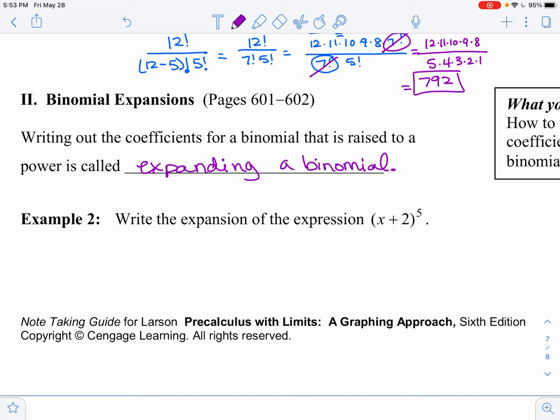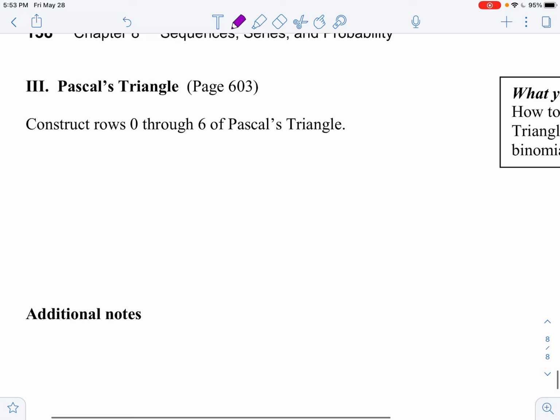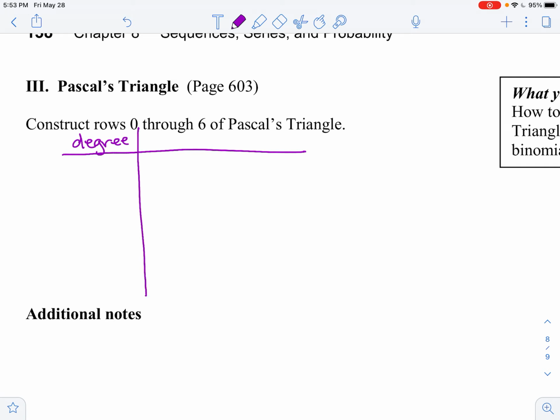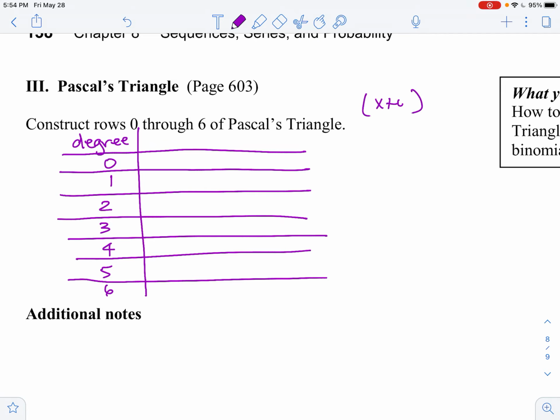Now, before we write the expansion of this expression, I'm going to show you the next part. So go ahead and scroll down to the next page, past something called Pascal's triangle. So remember, we have our degrees. Remember, the degree is just the exponent. So we can start at 0, and then we'll have 1, 2, 3, 4, 5, 6, and so on. Remember, we're expanding x plus y to the nth.